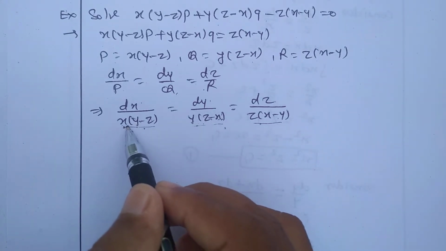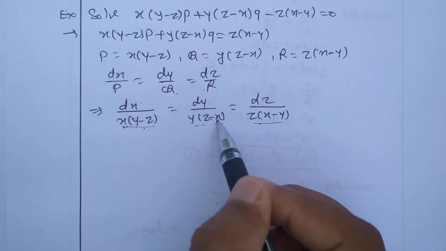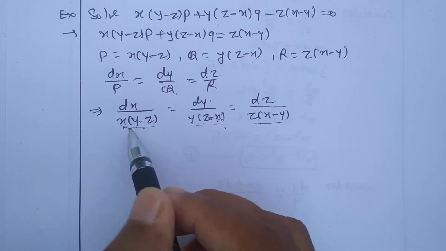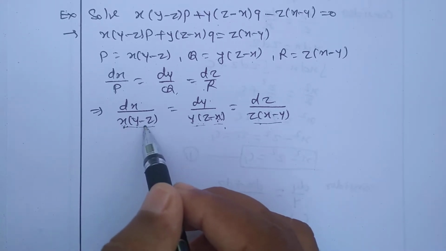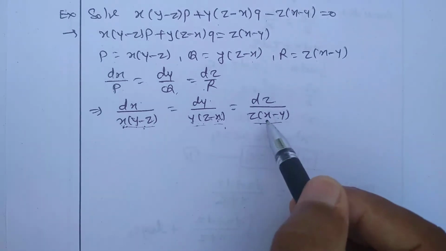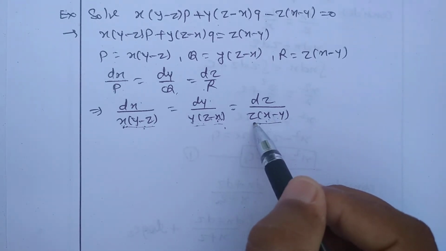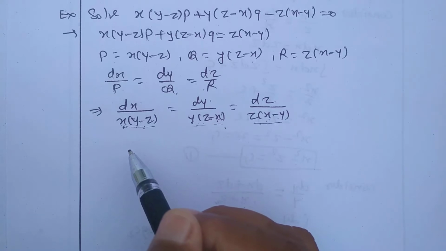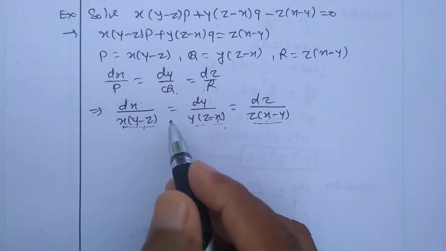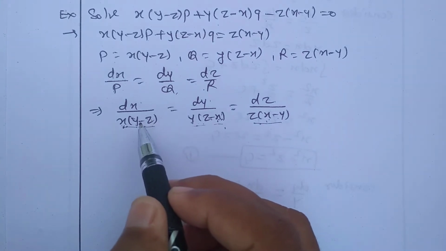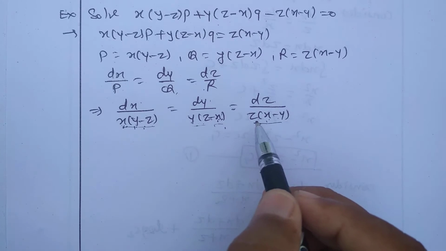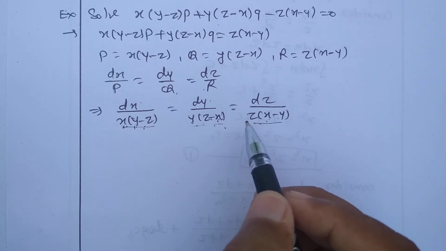So this x into y and this minus x into y easily get cancelled if you add directly. What about the second term, x into z with minus? Now check out the term of x into z. Here it is plus, so it easily gets cancelled. So I don't need to multiply these terms by anything to cancel out. It is directly getting cancelled.